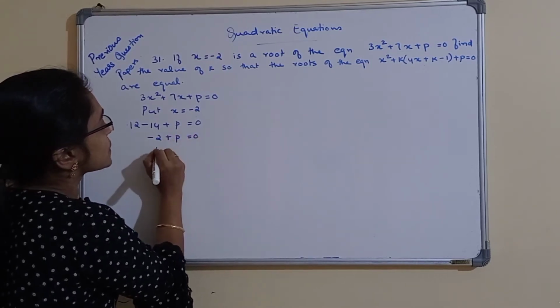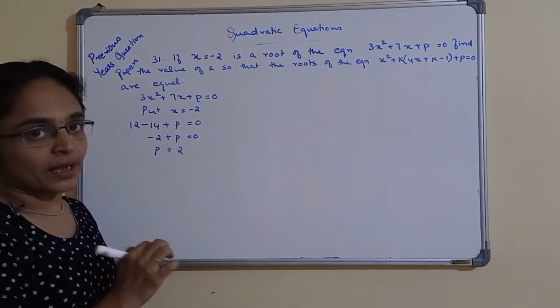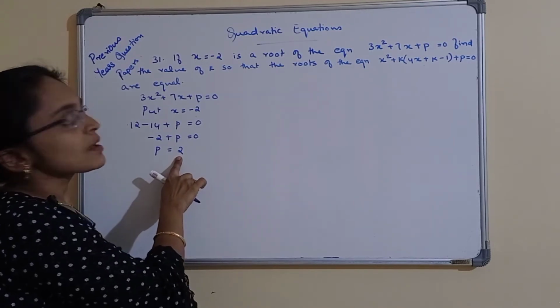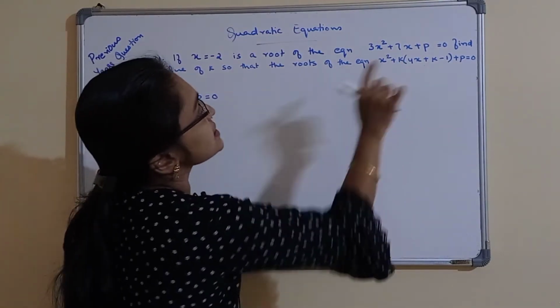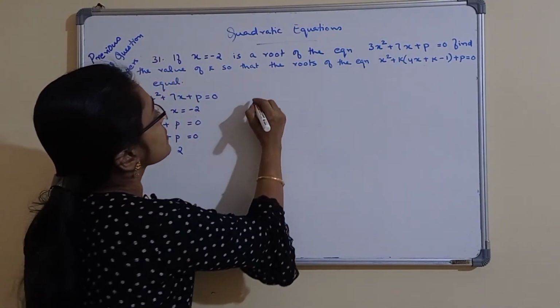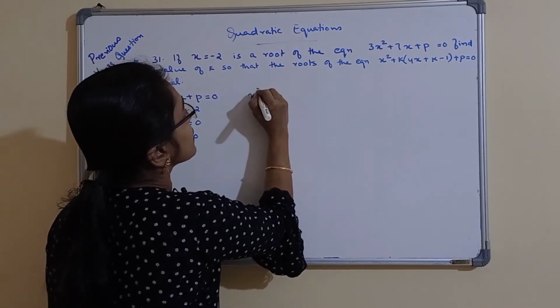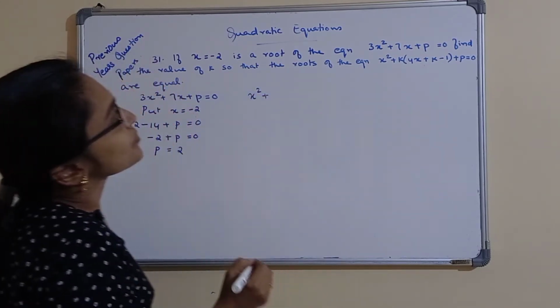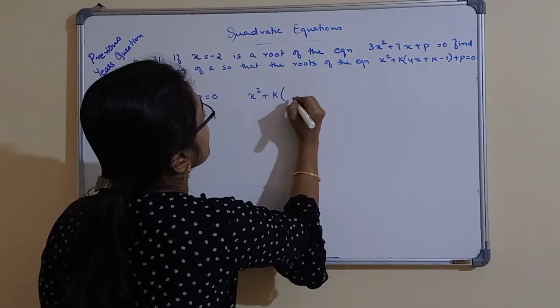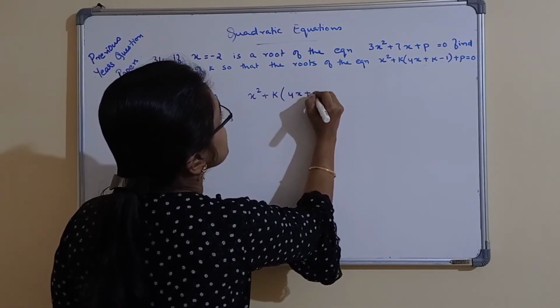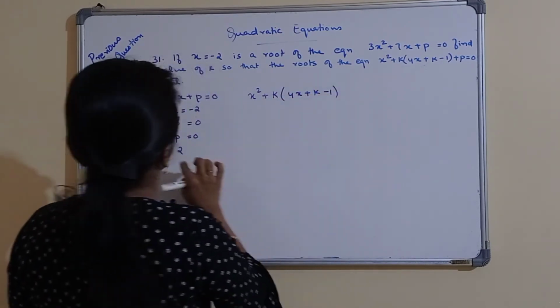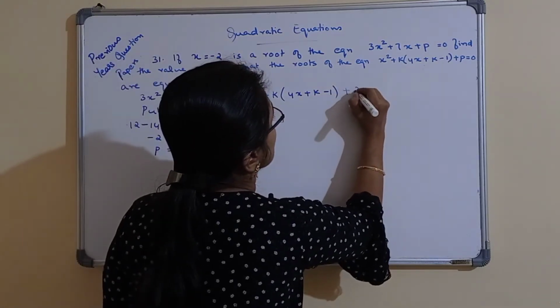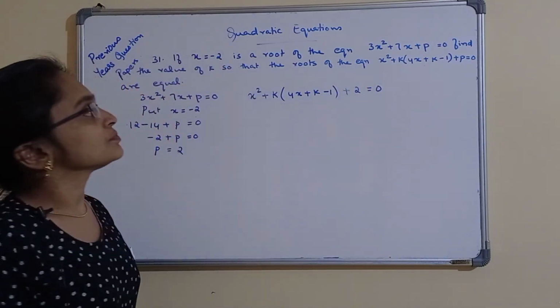So p is equal to 2. Now put this value of p in this equation. So we will get x square plus k into 4x plus k minus 1 plus 2 is equal to 0.